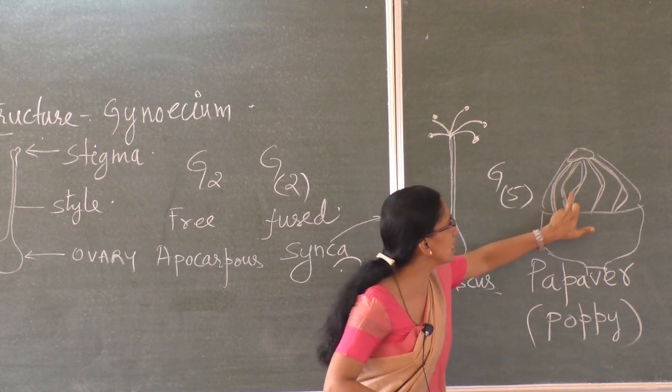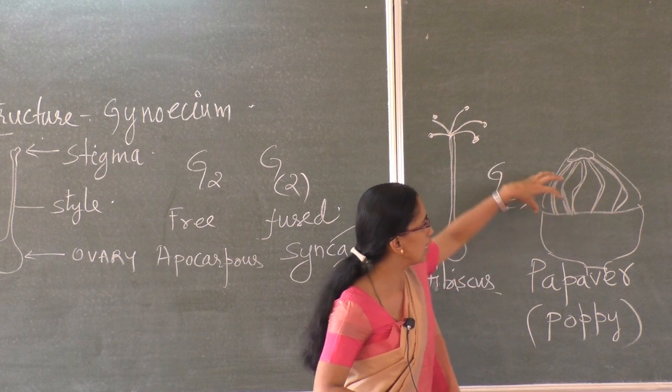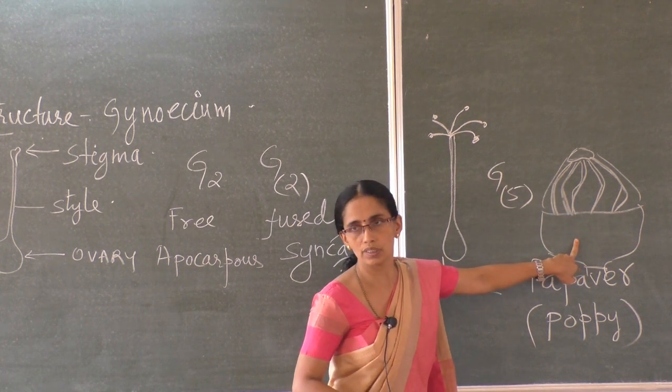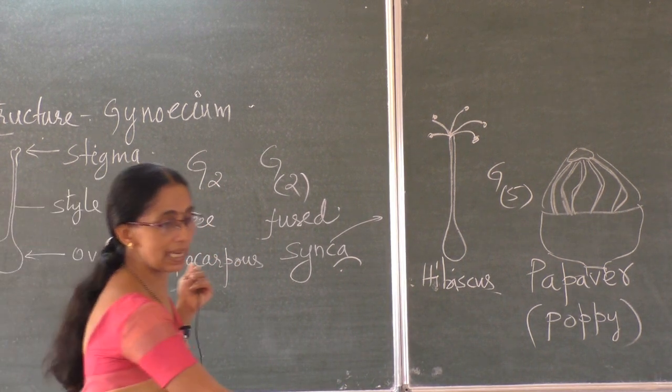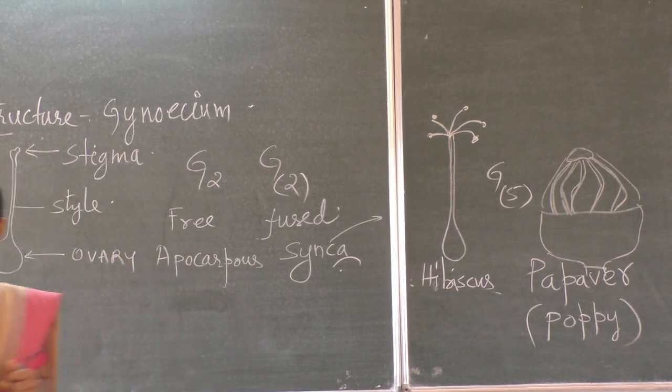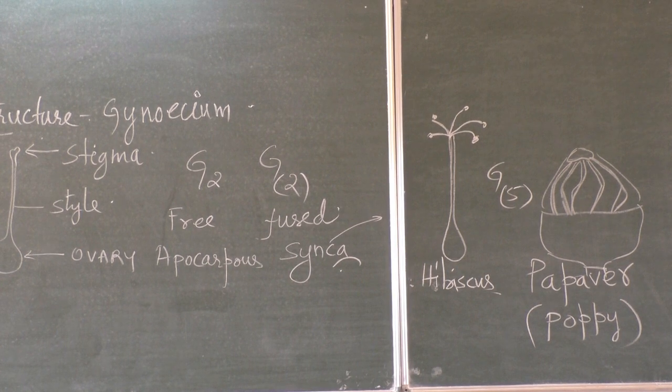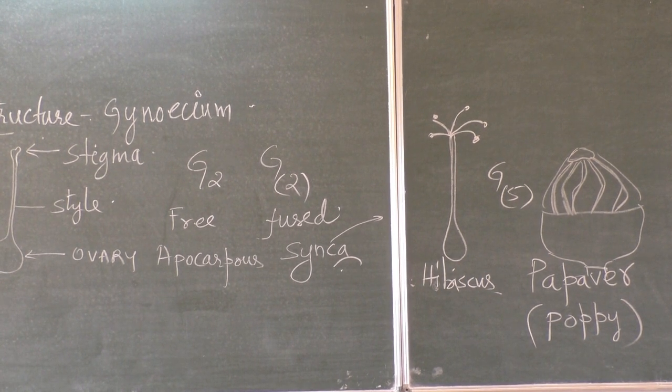See, each one is a carpel. Several carpels fused. So syncarpous, 2 examples. One is hibiscus, one more is papaver, poppy. Now coming to apocarpous.